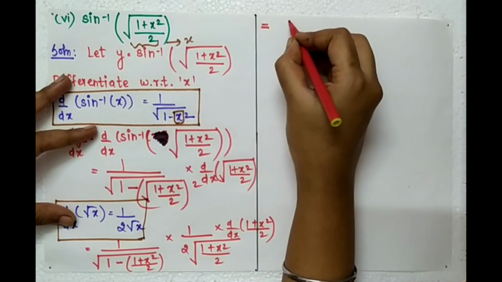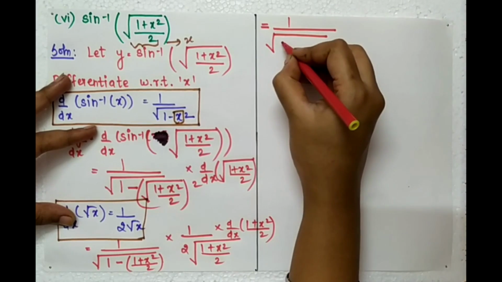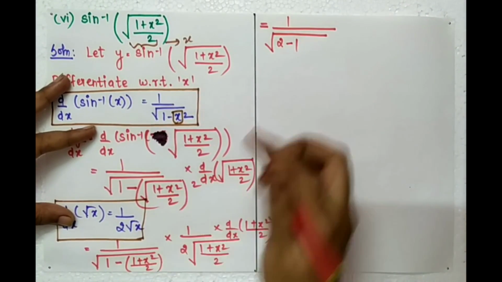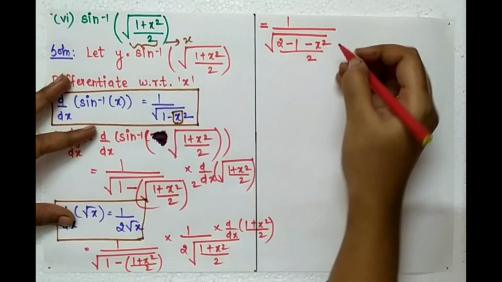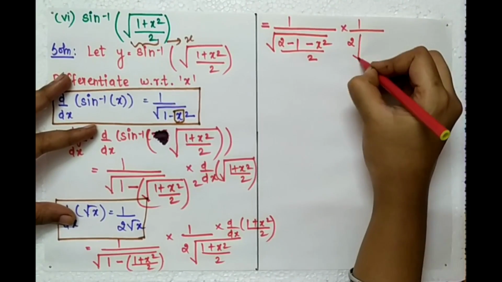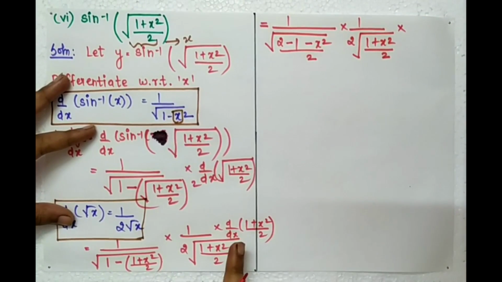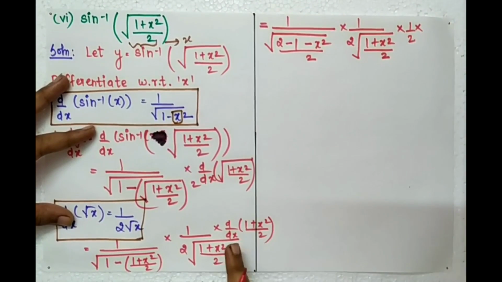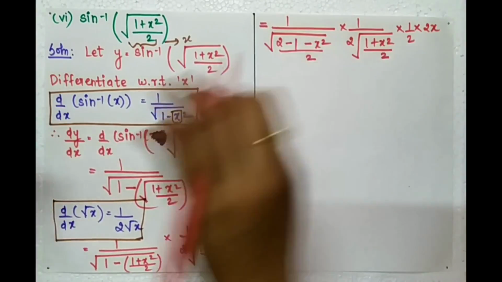So this is equal to 1 upon root of, cross multiply 2 over here. So we get 2 minus, minus into plus, minus x square upon 2, into 1 upon 2 root of 1 plus x square by 2, multiplied by, see, this 1 by 2 can be taken out, and the derivative of 1 is 0 and the derivative of x square is 2x.